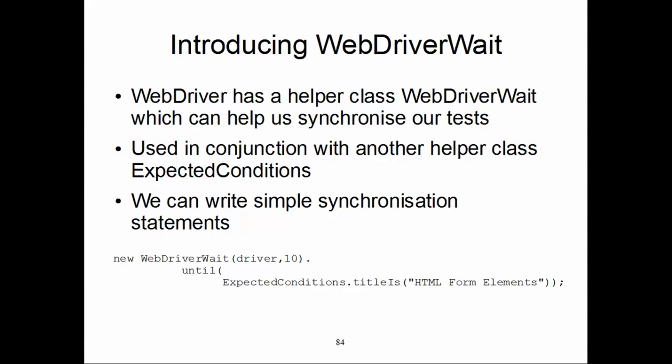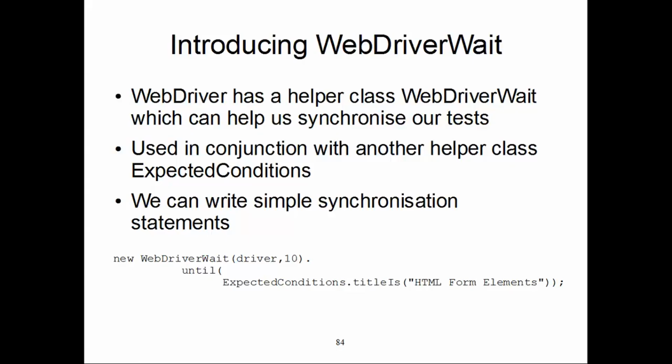So if you look at this code at the bottom here, this is a very simple synchronization statement that says, create a new WebDriver wait for this particular driver, and I want you to wait for a maximum of 10 seconds. If the condition is met before that, then the wait will stop early.